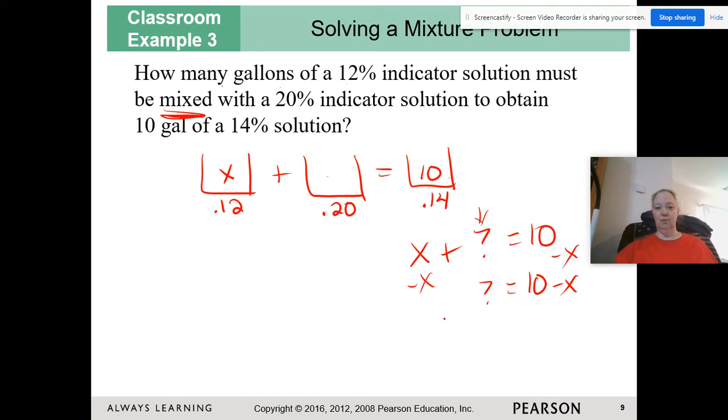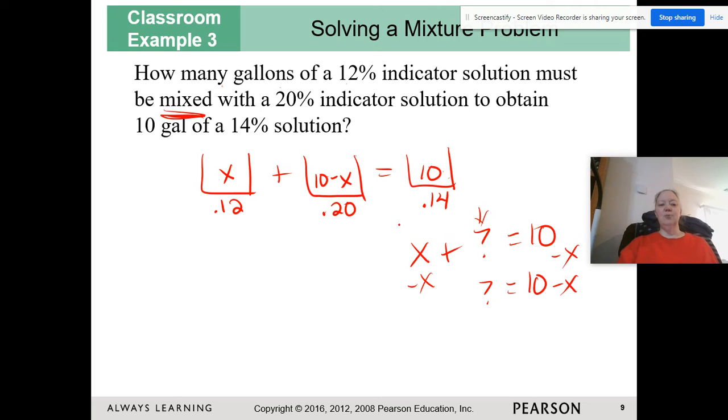Be really careful that you do not do x minus 10. Make sure you do 10 minus x. If you recall when we were talking about, I think it was angles, I always said it's always the total minus x. If you know the total, it's the total minus x, 10 minus x.